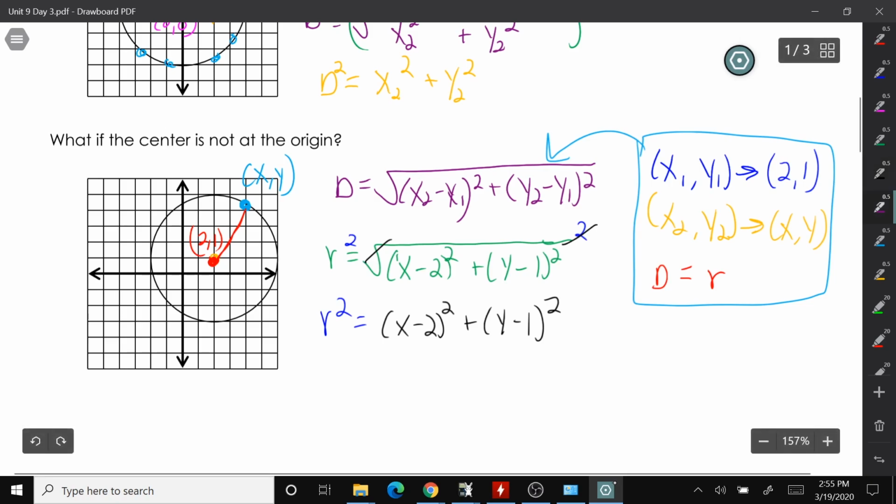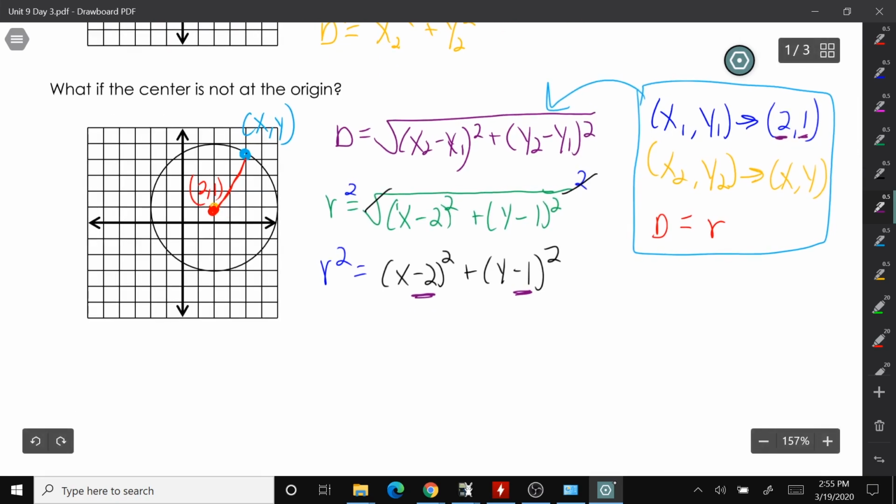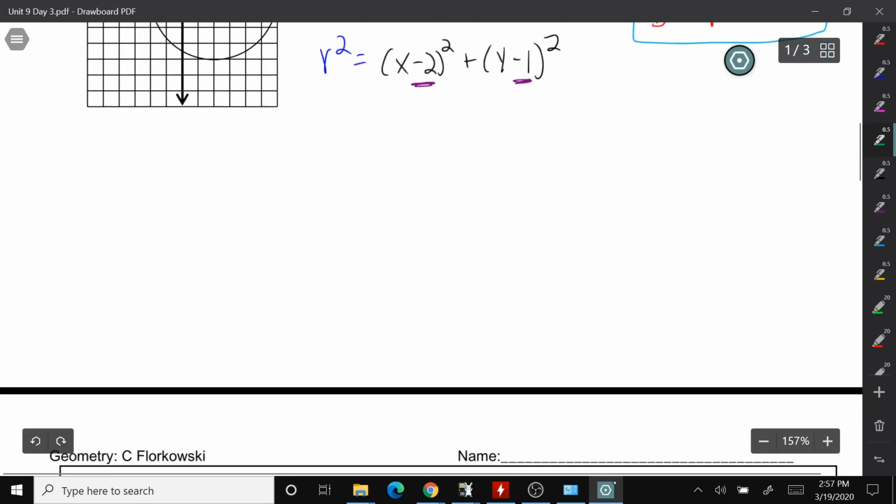So notice that even though the coordinates of the center were positive 2, positive 1, in here we see x minus 2 and y minus 1. It's the opposite of what you see. So this was just an overview of where the equation of a circle comes from. You don't really need to reproduce this proof, but you do need to know, given the equation of a circle, what the center is.